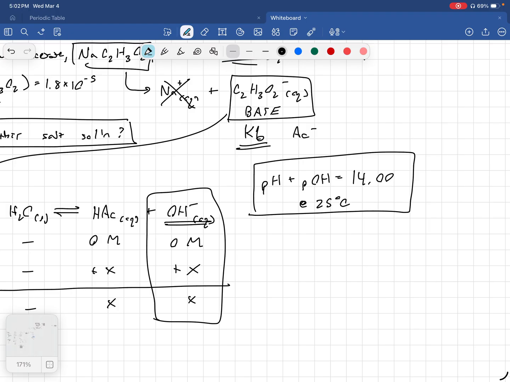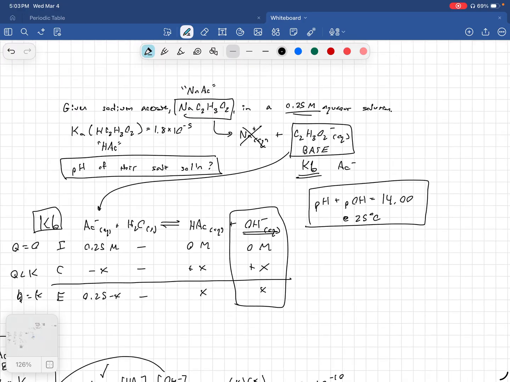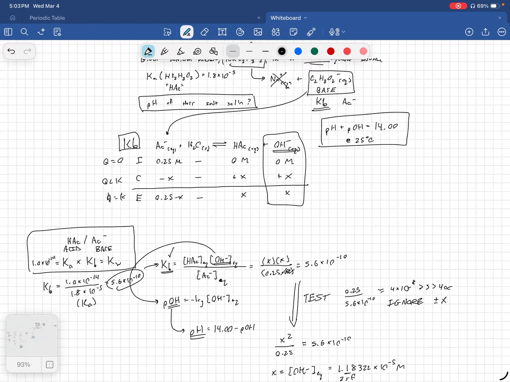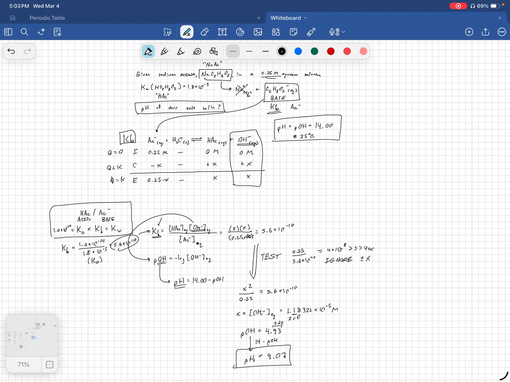The easiest way I've found to get pH from an OH minus concentration is to subtract that value to the correct number of sig figs from 14. So you subtract your pOH, the negative log of your OH minus concentration, which for a Kb problem is X, from 14, and we get our pH. Okay, so that is our full rundown of Ka and Kb equilibrium problems.